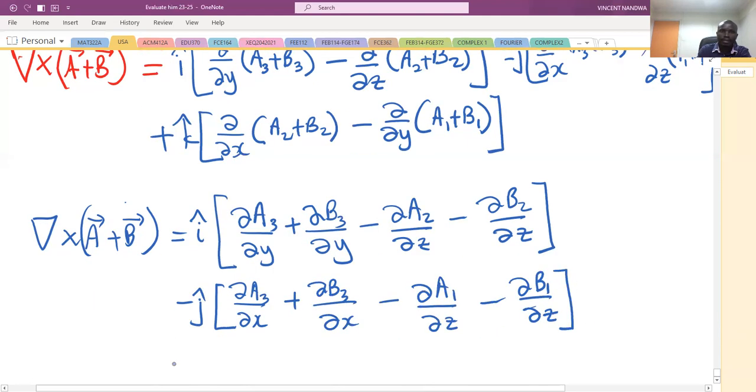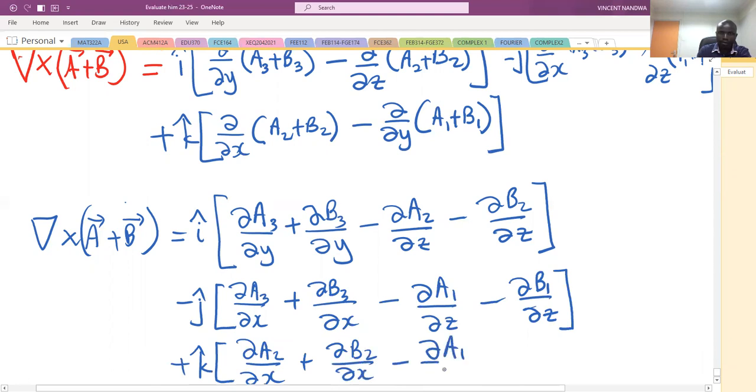And then plus k, partial A2 partial x plus partial B2 partial x minus partial A1 partial y minus partial B1 partial y. Then you close the brackets.